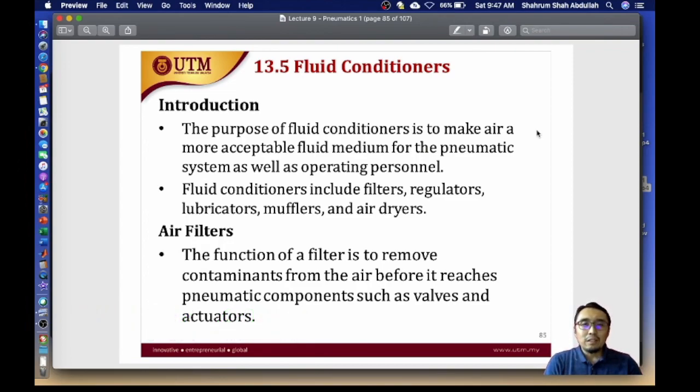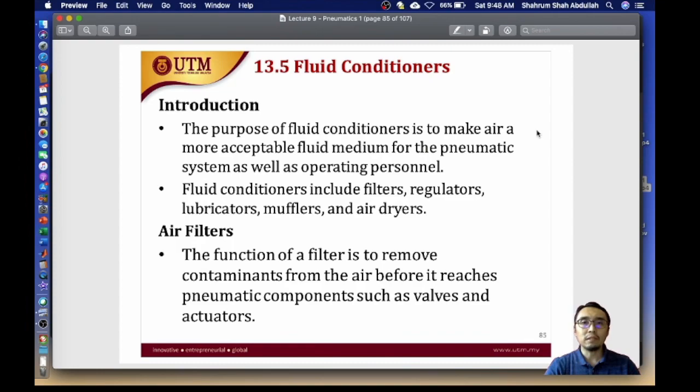Today we will continue the lecture on hydraulics and pneumatics related to the topic of fluid conditioners. If you recall last time, I explained a little bit about the concept of pneumatic circuits.